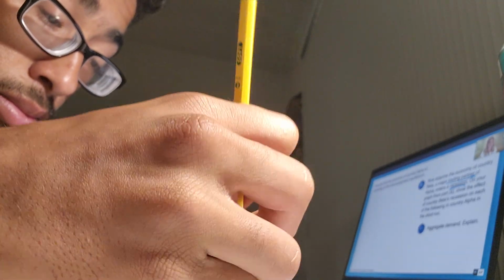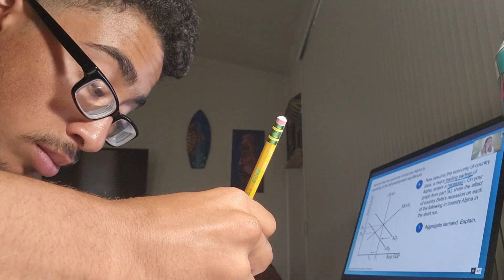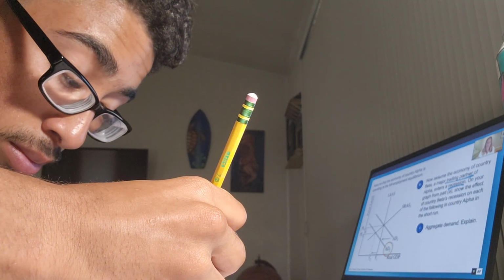So let's go ahead and draw that on the aggregate supply and demand graph. So we want to show aggregate demand shifting to the left, AD1 to AD2.